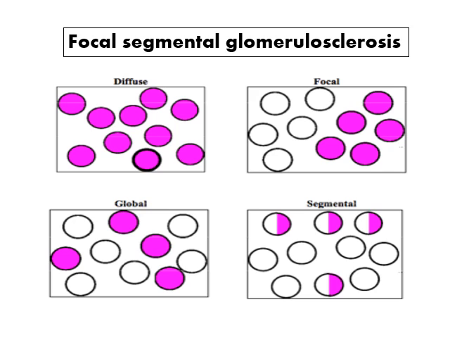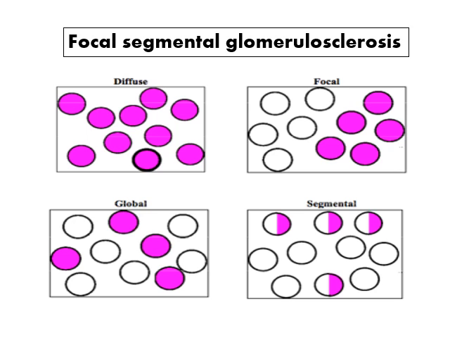Here we have to understand what is meant by focal and segmental. When we look at the glomeruli under the microscope on a pathological slide, we will see a number of glomeruli. If the pathology is involving all the glomeruli or more than 50% of the glomeruli, this is termed diffuse. And if the pathology is involving less than 50% of the glomeruli, this is termed focal.